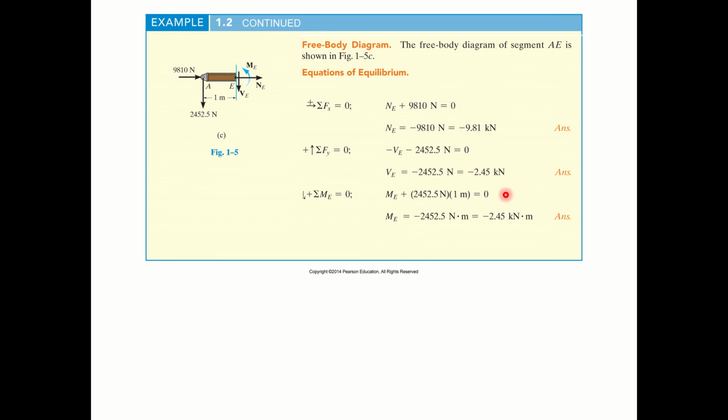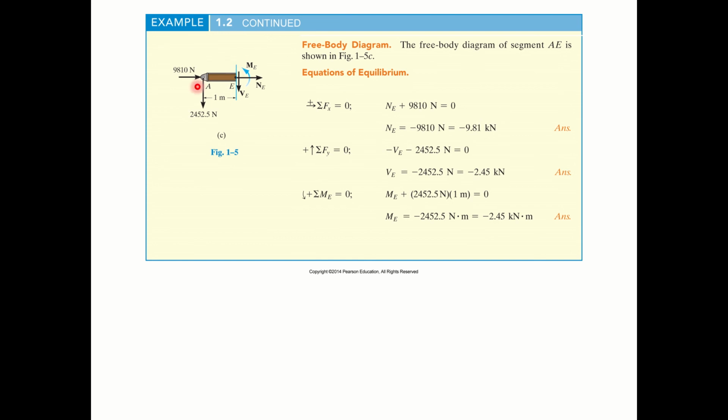Okay, negative AY is negative 2.45 kilonewton.